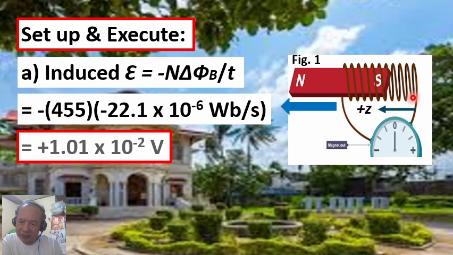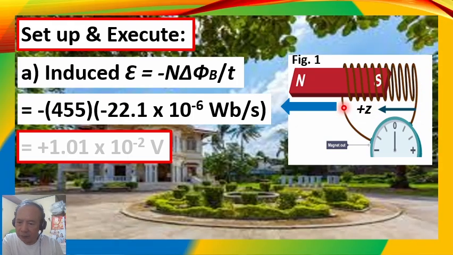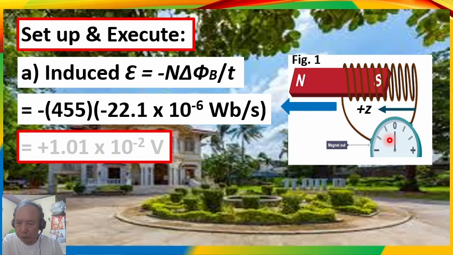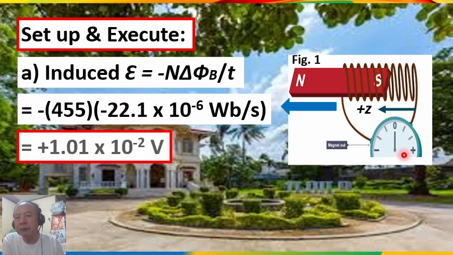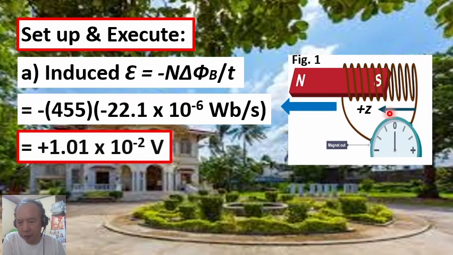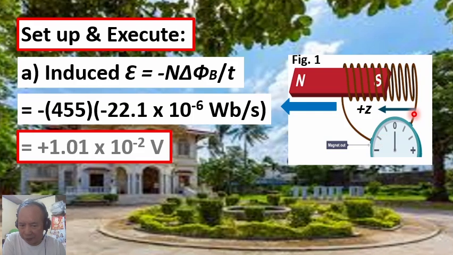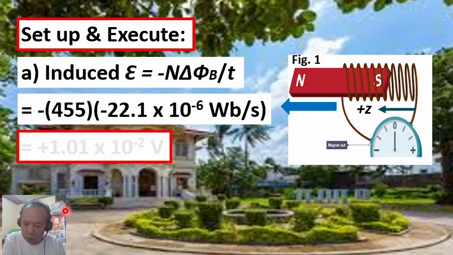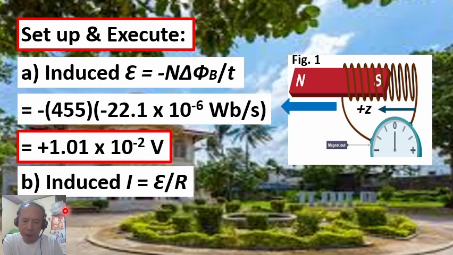And since the coil itself is connected to a galvanometer, we're able to measure the amount of induced current, which brings us to our computation in part B.